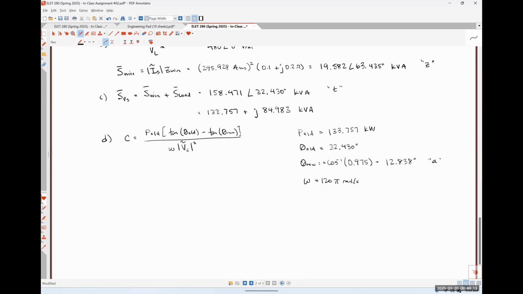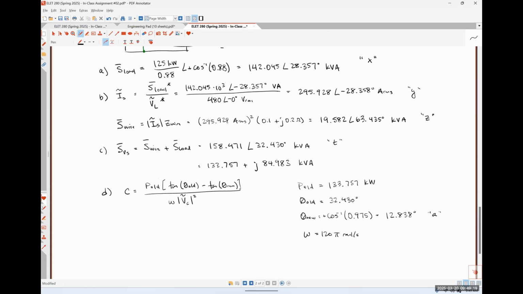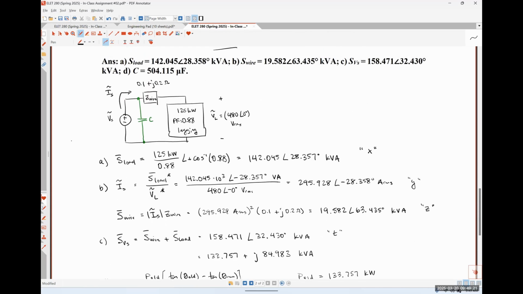And lastly, we need to know what the magnitude of the voltage drop across our capacitor is. Okay. So we can see from my schematic diagram here that the capacitor is in parallel with the source voltage. So we don't know what Vs is, but we know what Is is, we know the impedance of our wire, and we know what VL is.